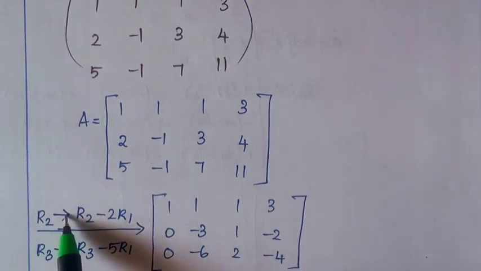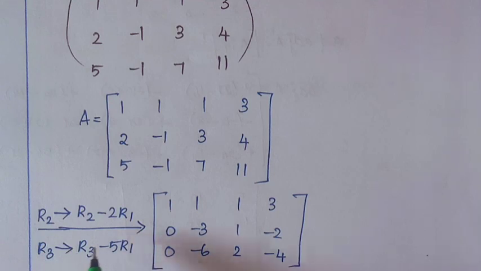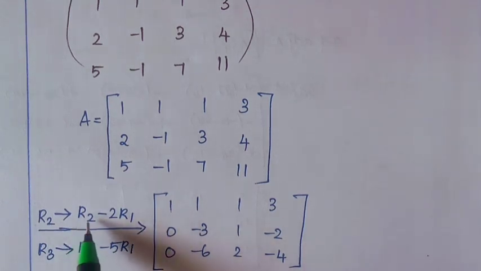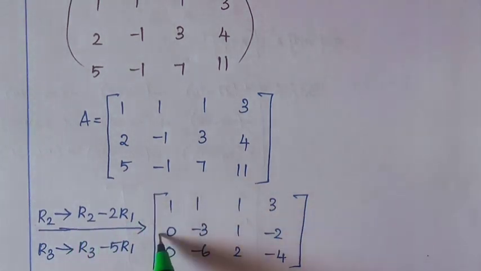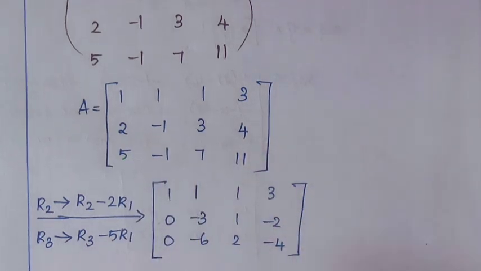R2 gives R2 minus 2 R1, and R3 gives R3 minus 5 R1. So from R2 we subtract 2 R1, and what we get is 1, 1, 1, 3, 0, minus 3, 1, minus 2. Then from R3 we subtract 5 R1, so we get 0, minus 6, 2, minus 4.